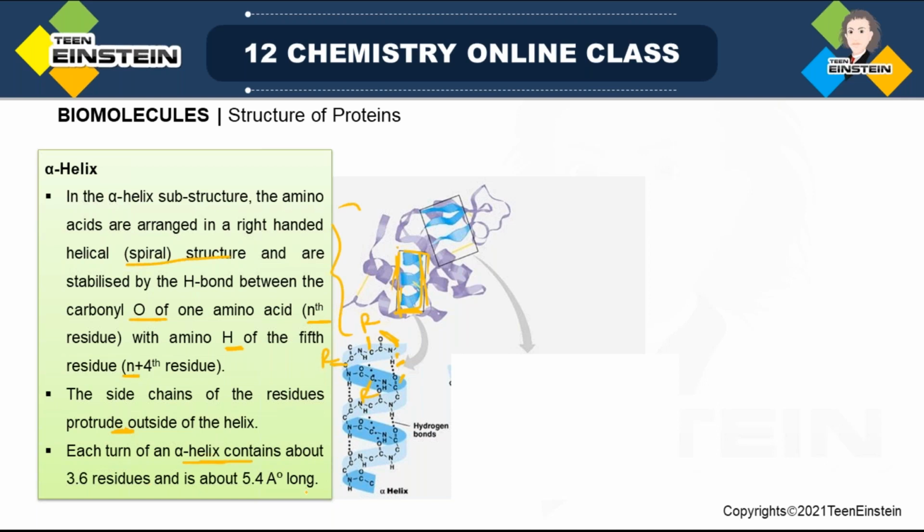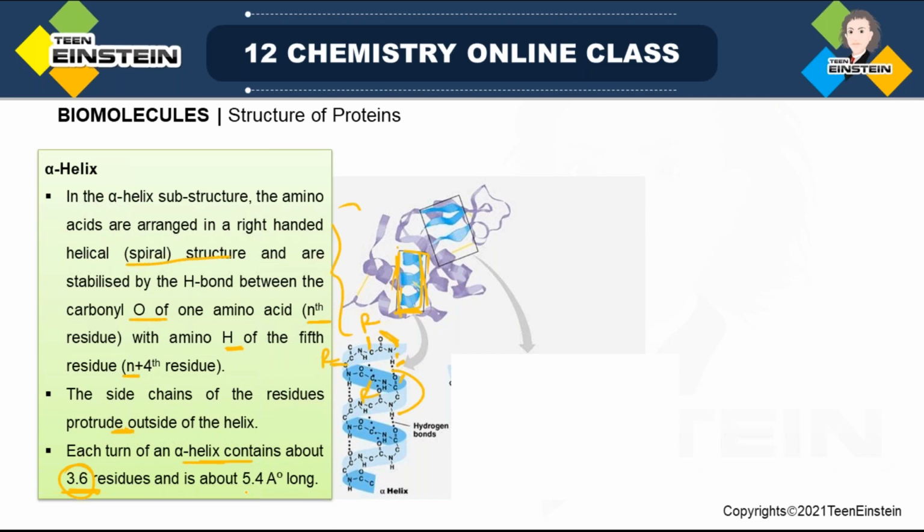Each turn of this alpha helix contains about 3.6 residues. In one complete turn, there will not be exactly 4 amino acids, it is a fraction, 3.6. Remember this value, you may get a question regarding this. And what is the length of one complete turn?